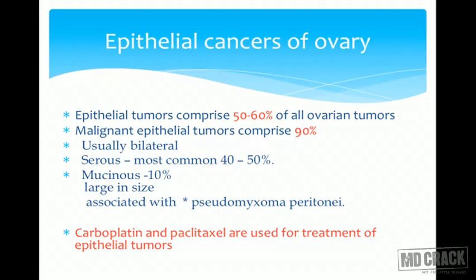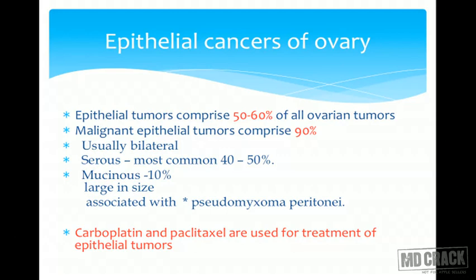Now epithelial cancer, as we said, is almost 60 to 80% of these, and of malignant tumors almost 90%. They are usually bilateral. Serous is most common. So see now how the question is changing. From ovarian tumors, epithelial are the common. From malignant ovarian tumors, again epithelial common, 90%.